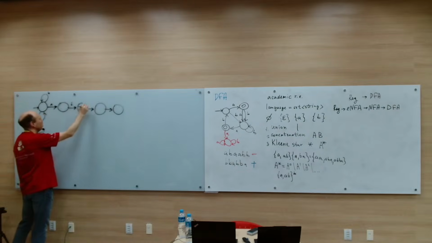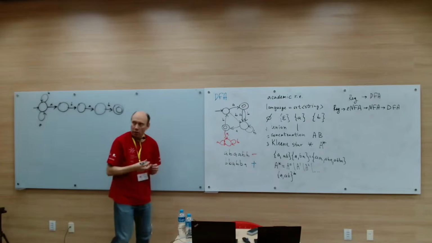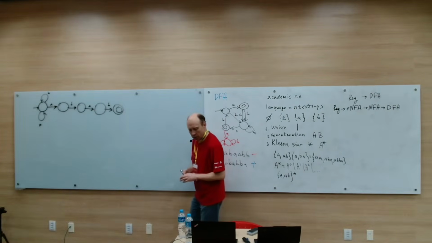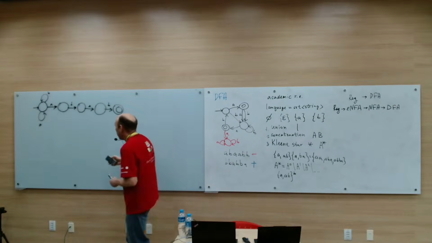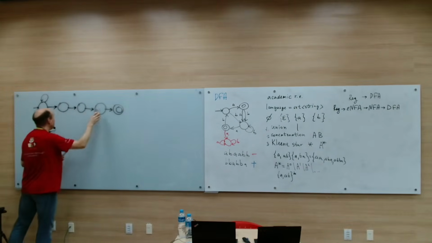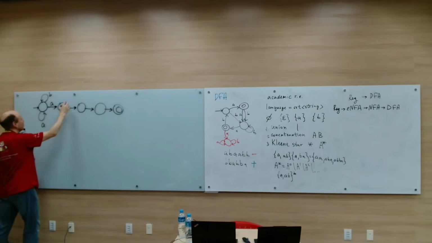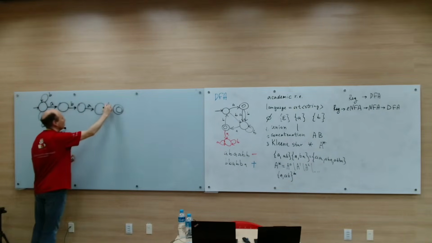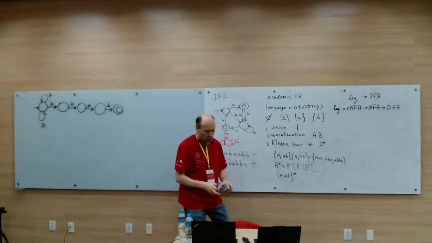A, B, and this will be the terminal state. So what is the idea of this automaton?